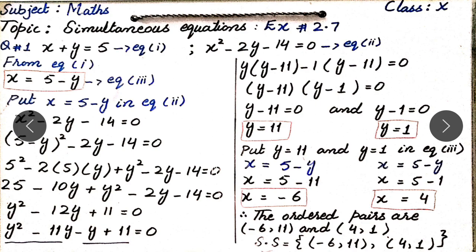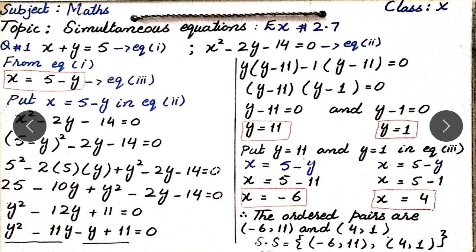You can see here that the first equation is linear, whereas the second equation is quadratic. And we are supposed to find the values of x and y here. So you have to deal with the equation first which seems a little bit easy, as the linear equation is easy to solve. Therefore it is written: from equation number 1.